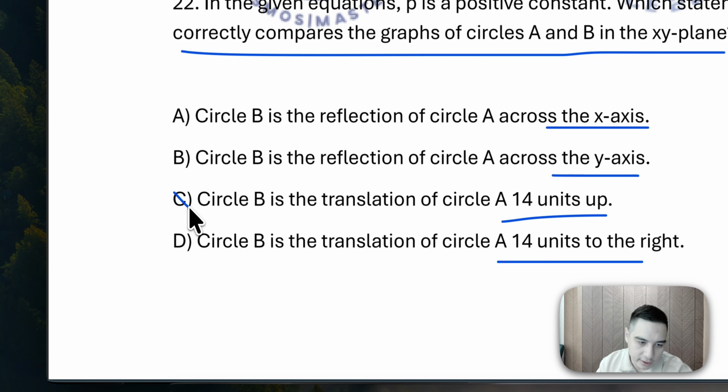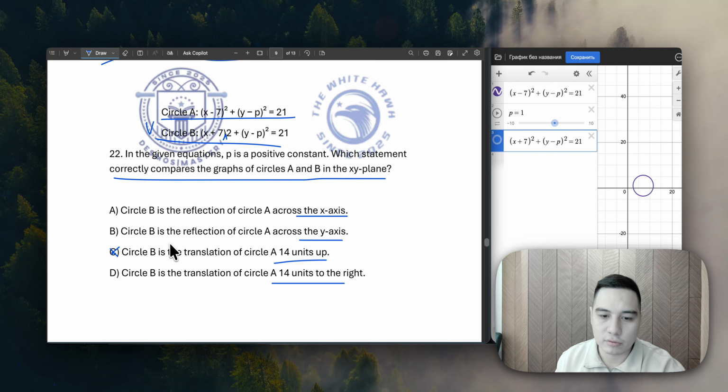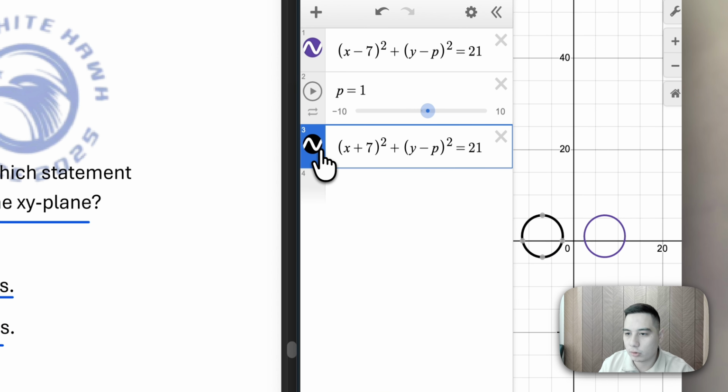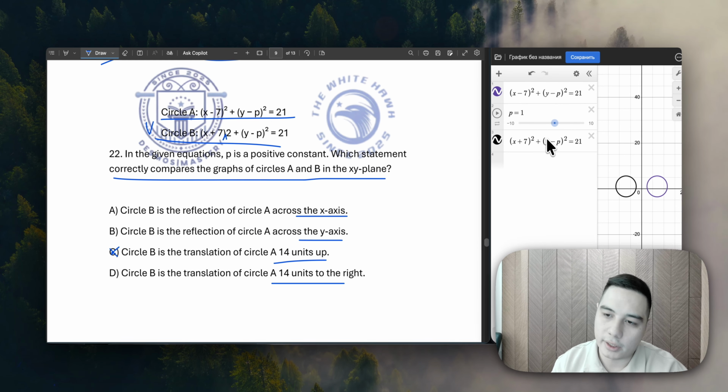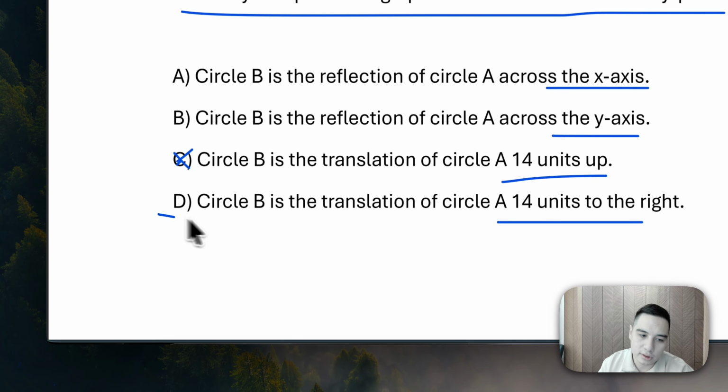That's why the answer C is not correct. Need to consider more. Circle B is a translation of the circle 14 units to the right. Units to the right means you need to go to this side. So the x value here should be changed. So I suppose the answer D is also questionable.